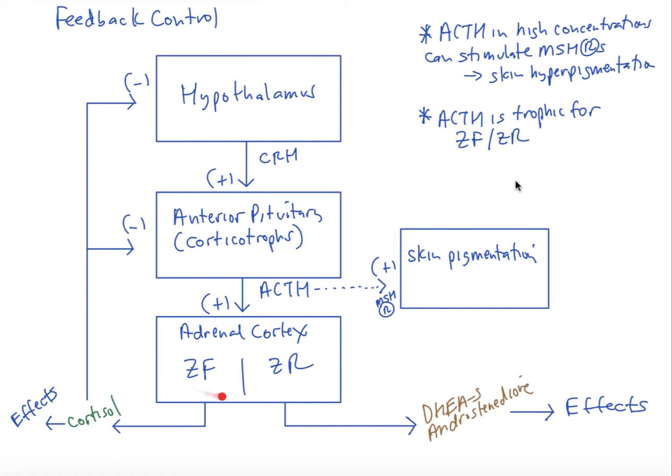And these are clinical scenarios that do come up, and there's syndromes and diseases that do result in hyperplasia of the adrenal cortex or atrophy of the adrenal cortex, and you have disorders that can lead to skin hyperpigmentation from excess ACTH. So these are all very important considerations when we start looking at medical applications to this feedback loop.